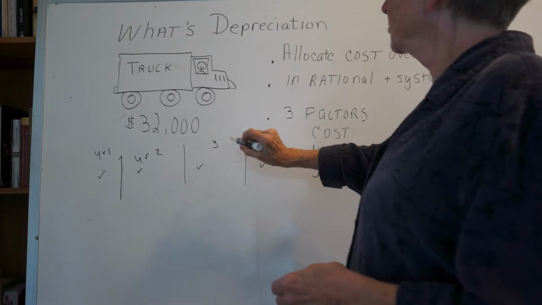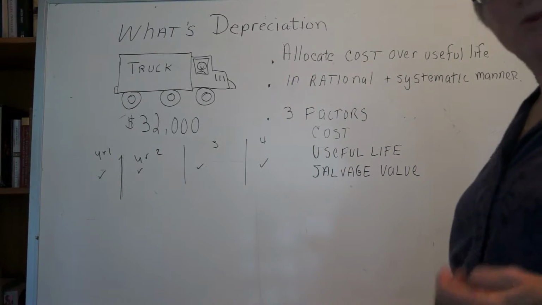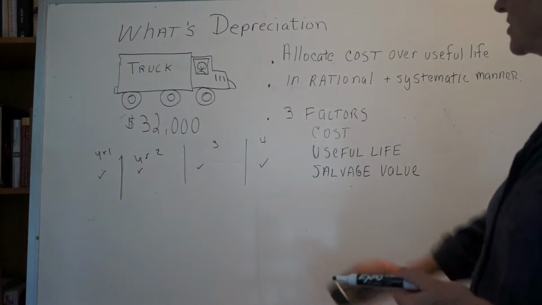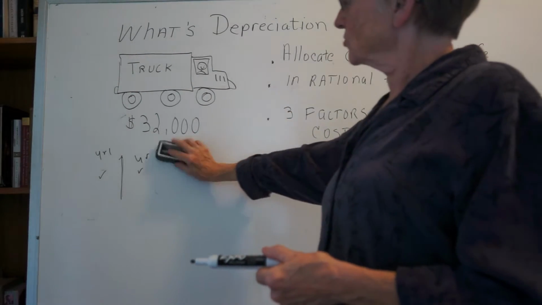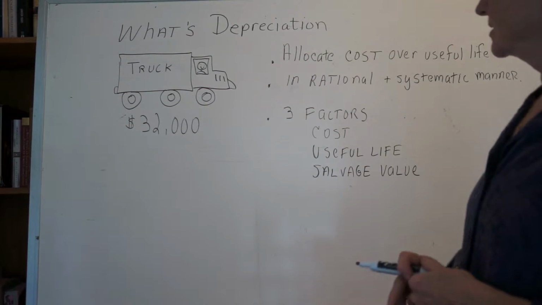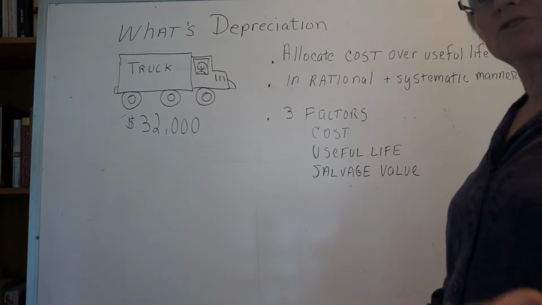In other words, we would allocate the cost over the useful life of the truck, taking some of the expense every year. As you will see as we go into the next section, it has to be done in a rational and systematic manner.